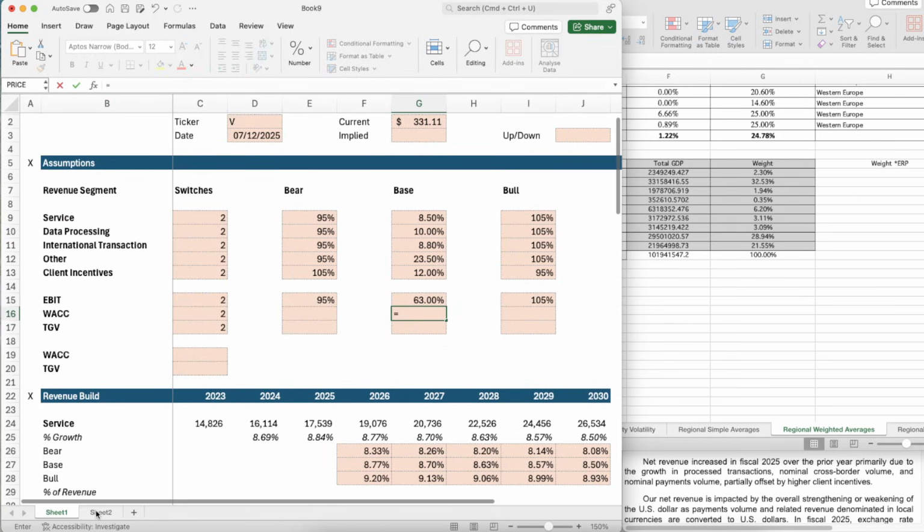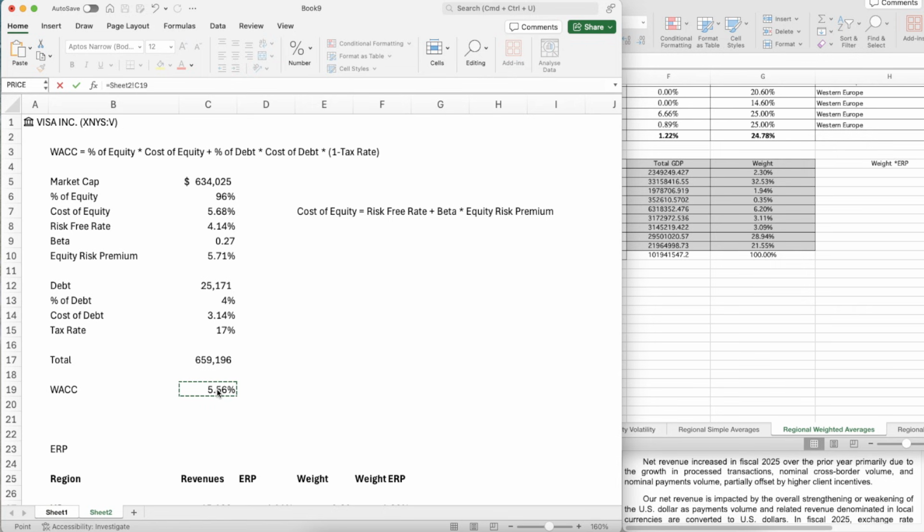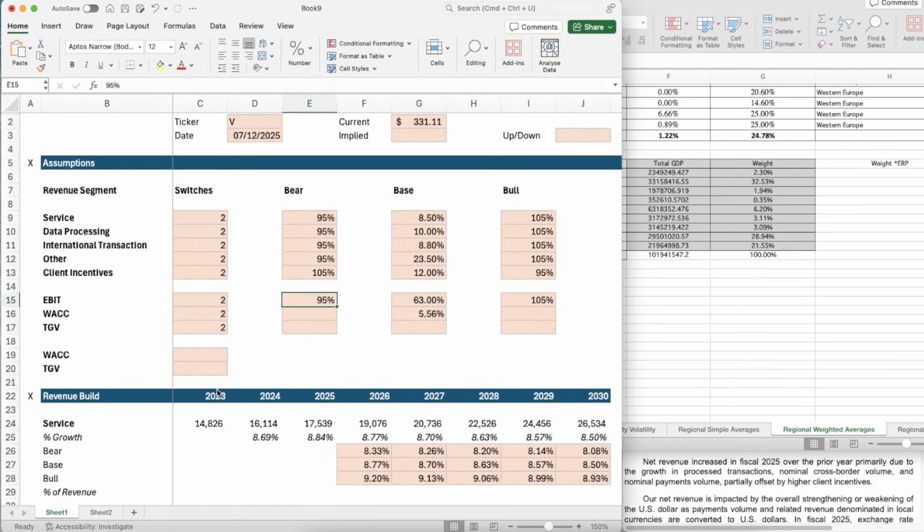Go equals. Equal to that. Otherwise, it will stretch the column width again. So just format it like this one. So for the bear case, we take the base plus 0.5%. We do the same for the bull, but we minus 0.5%, because the lower the WACC, the better it is for the price, the more bullish it is.